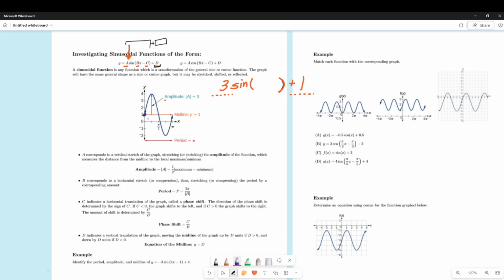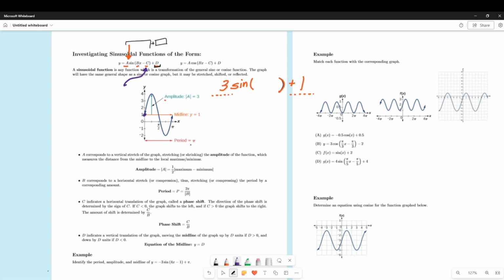Usually the sine function starts at 0 at the midline. So there's no phase shift being caused, and this constant inside is what causes that phase shift to occur. So we don't have a c value in this particular one, and that's nice. It's always handy. The phase shift's kind of the harder one to work with.